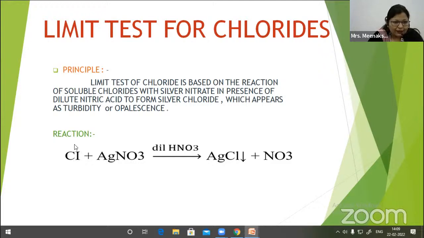Basically, all the impurities as chloride will react with AgNO3. We are adding AgNO3, that is silver nitrate, in the presence of dilute nitric acid. It forms AgCl, and this arrow shows that it is a precipitate. So that forms the white color precipitate. This precipitate appears in the solution, and that gives it the opalescence.